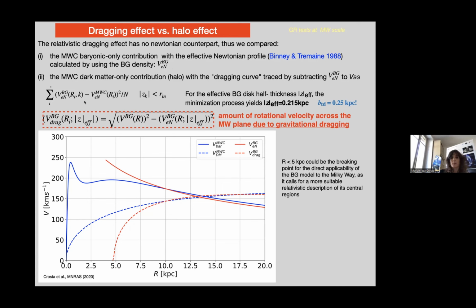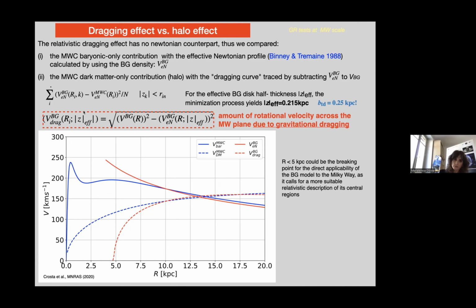Then we subtracted the equivalent from the classical model. Since the BG model is valid very close to the equatorial plane, we also need to implement a minimization procedure in order to find the effective vertical distance where we can perform this comparison.